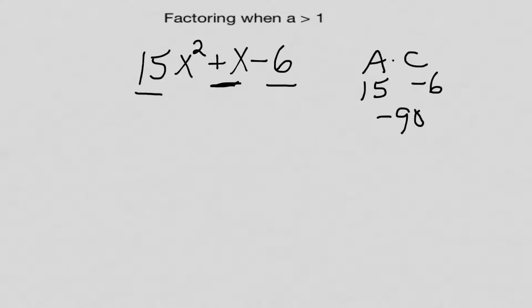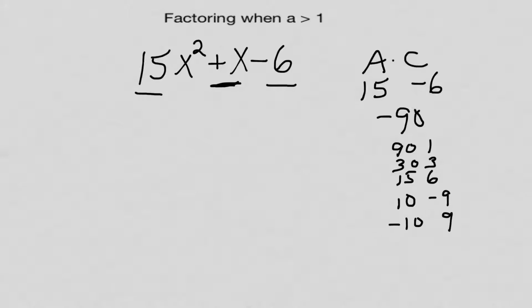So we can kind of breeze through the initial numbers. We know that it's not going to be any combination of 90 and 1, 30 and 3, 15 and 6, right? After that, we start getting a little bit closer when I get down to the numbers 10, -9, -10, and +9.